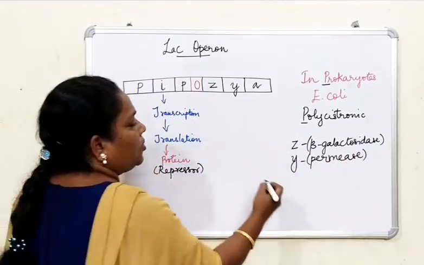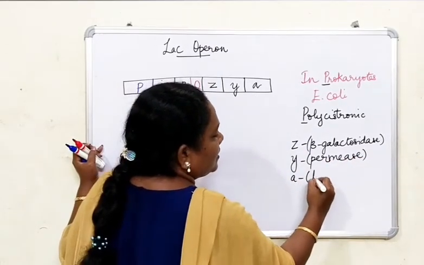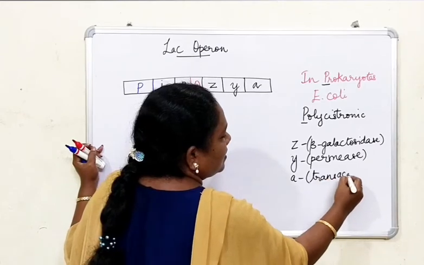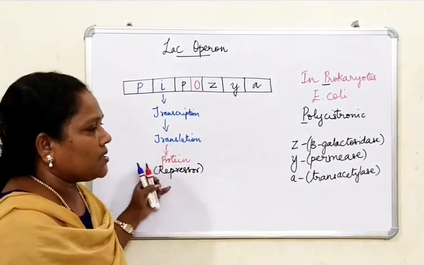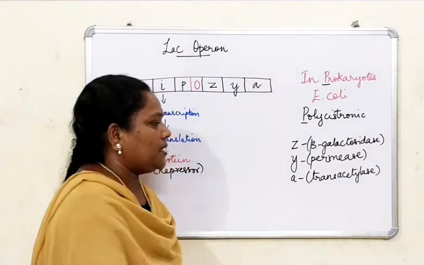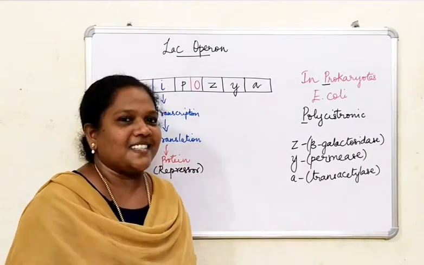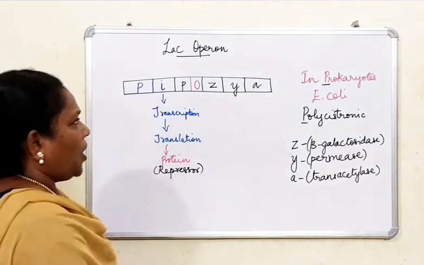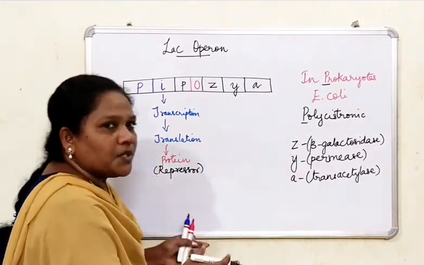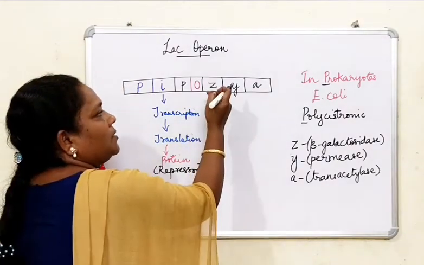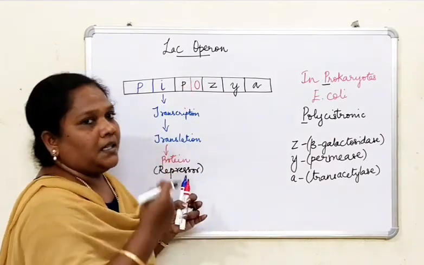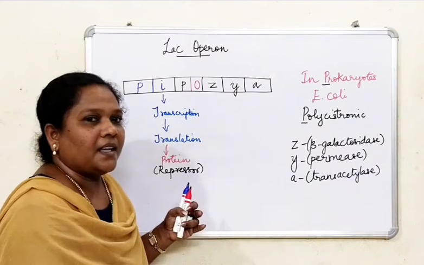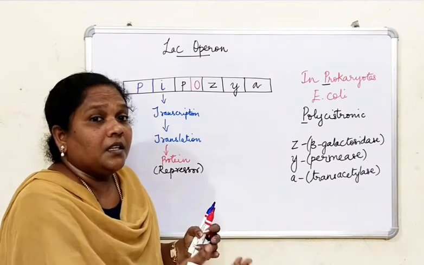And then A codes for enzyme called as transacetylase. So Z codes for an enzyme called as beta-galactosidase, Y codes for an enzyme called as permease, and A codes for an enzyme called as transacetylase. Okay. Now, what did we learn? Transcription. During transcription, the genes are being transcribed. The information what is present in DNA is transcribed to mRNA, which will be helpful for the protein synthesis.